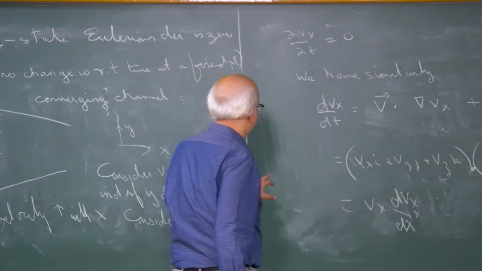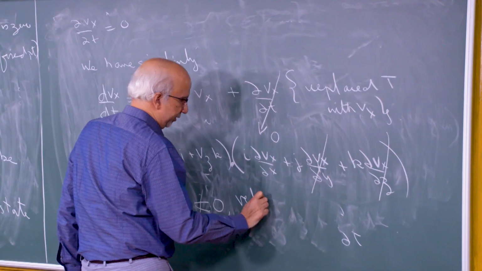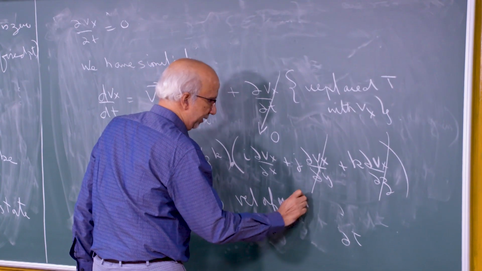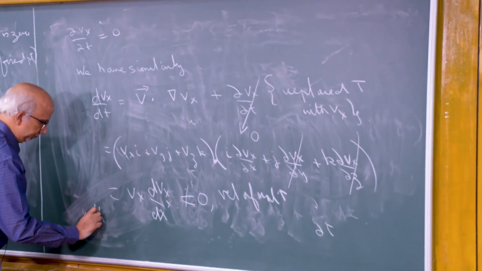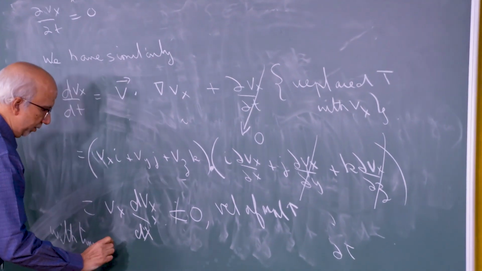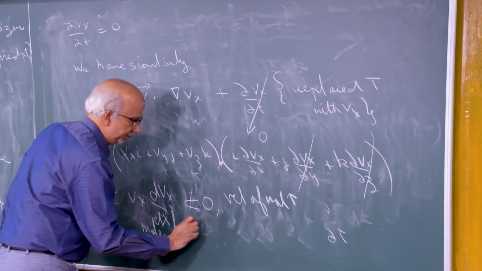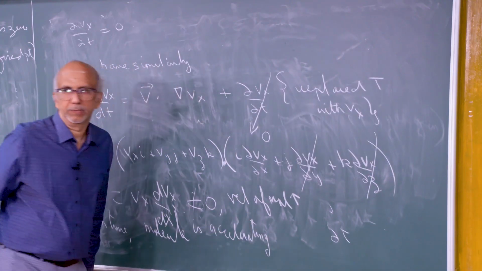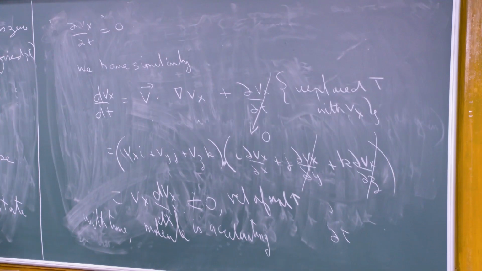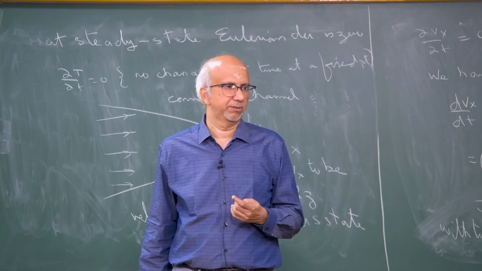So here is an example of this is not equal to 0, velocity of the molecule increases with time, or the molecule is accelerating. Okay. So the particle is accelerating and it is occupying different positions at different times.